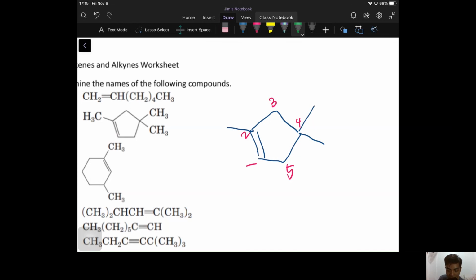Pwedeng ganyan. 1, 2, 3, 4, 5. Okay? So, yun yung numbering natin. 1, 2, 3, 4, 5 clockwise. 1, 2, 3, 4, 5 counterclockwise. Just keep in mind between 1 and 2 dapat yung double bond.